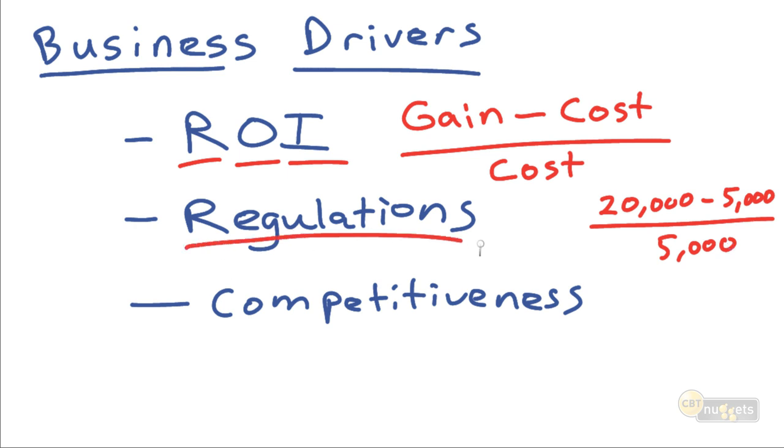Governmental regulations are driving designs of networks more than ever. Have you heard of something called HIPAA? Yeah, this is a famous new government regulation, relatively new. It was invented in 1996. This is the Health Insurance Portability and Accountability Act, and this ensures that health organizations properly secure your medical records.